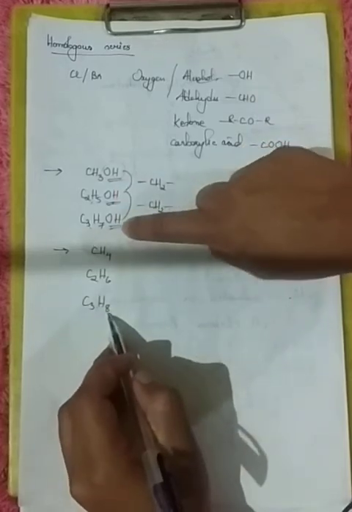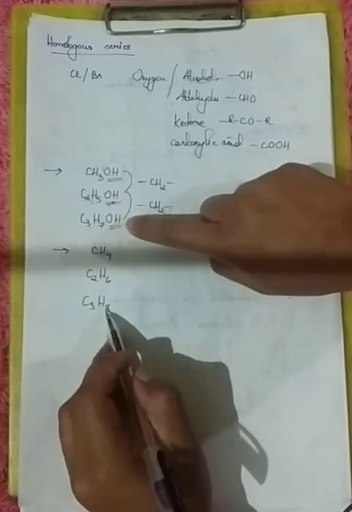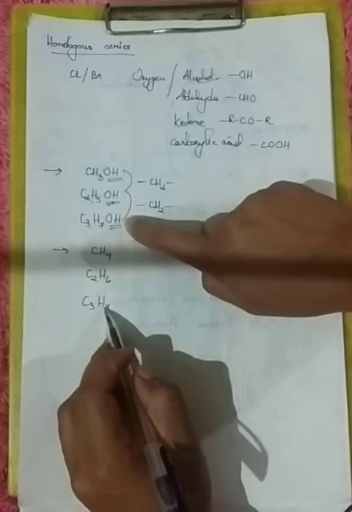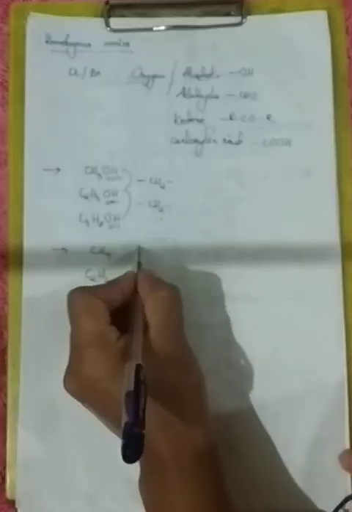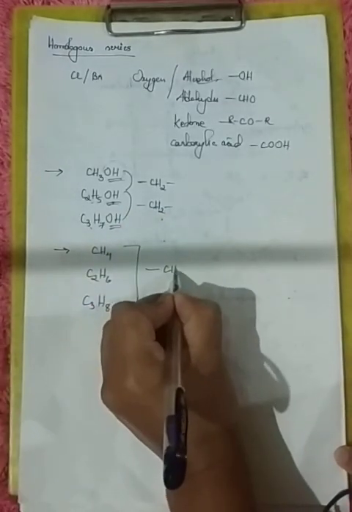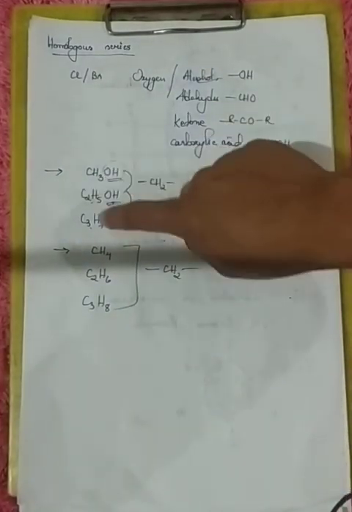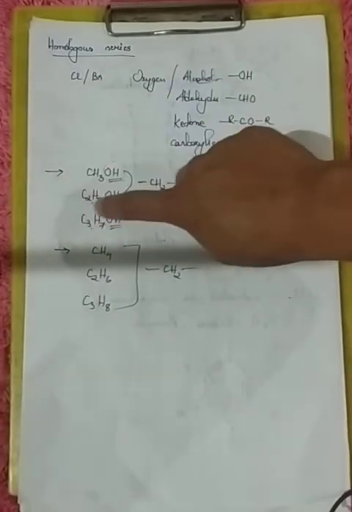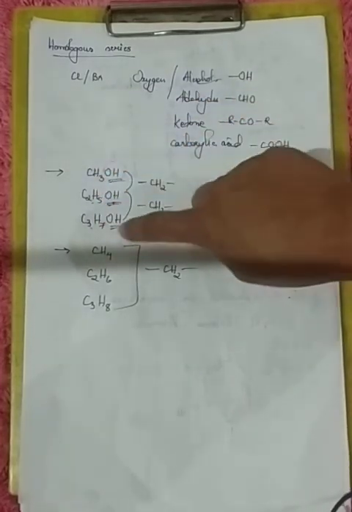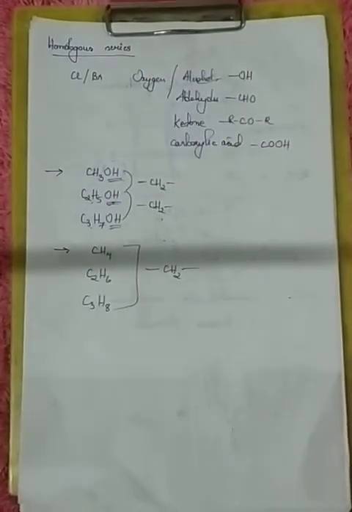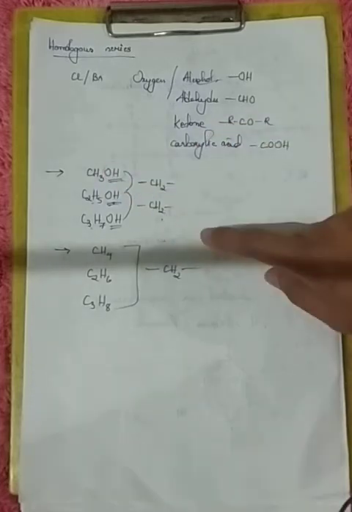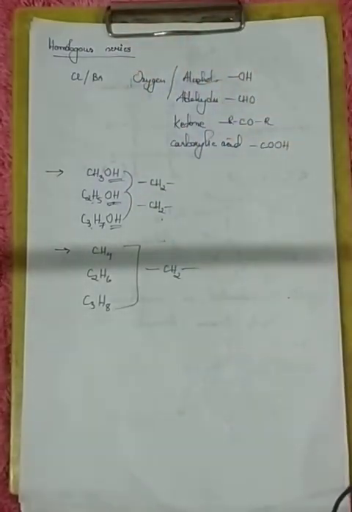Here it was H8, here it is H7 because one hydrogen atom has been replaced by an OH group. Therefore all these members differ only by a CH2 unit, where one hydrogen atom in the carbon chain is replaced by the same functional group. Such a series is known as a homologous series.